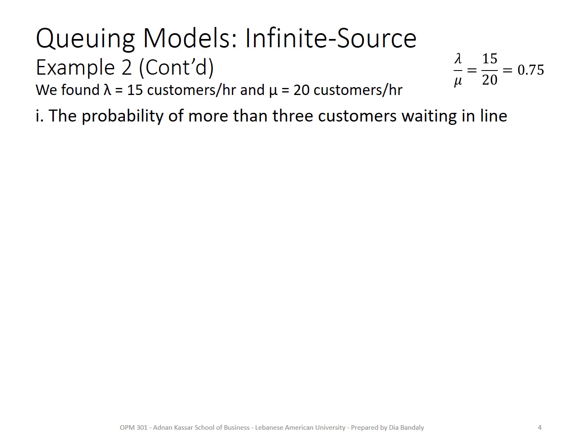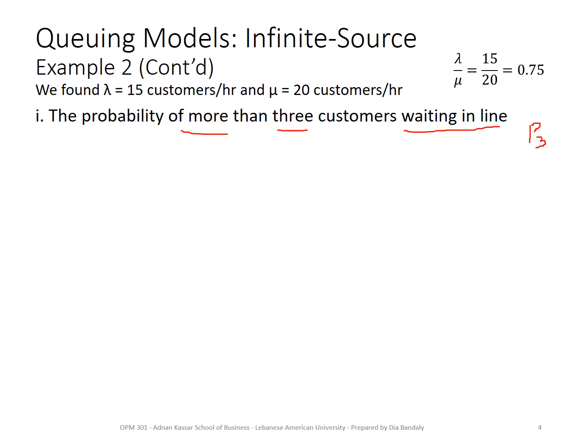It's not very hard, however, it needs some analysis before we can answer the question. Here the question is to find the probability of more than 3 waiting in line. So the first difficulty that we are facing here is, look, even if this question was what the probability of 3 customers waiting in line, this is not P3.